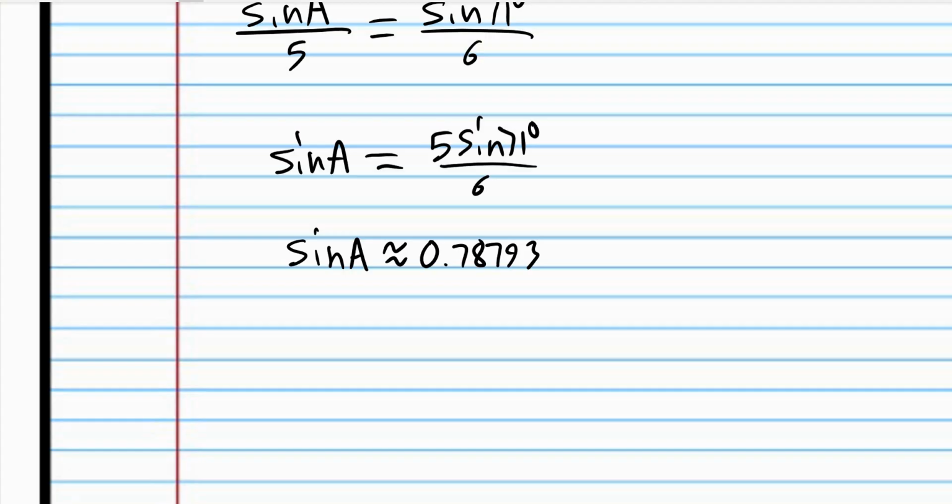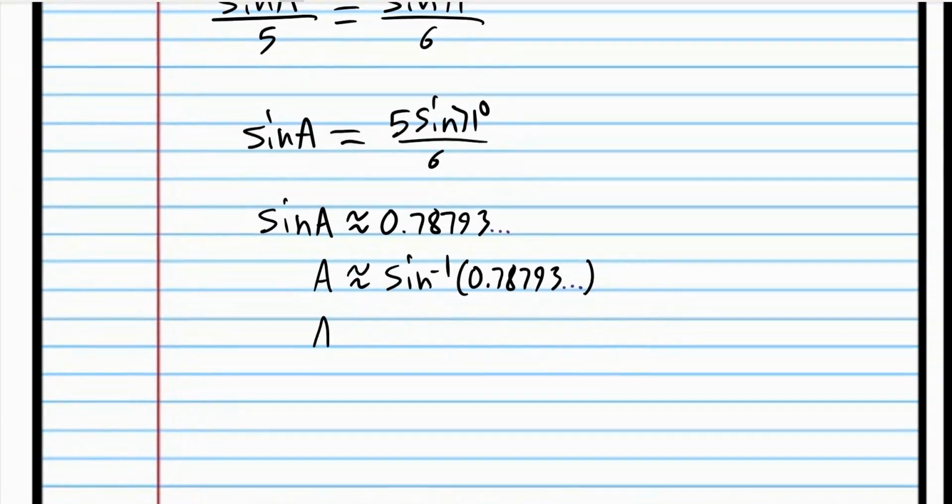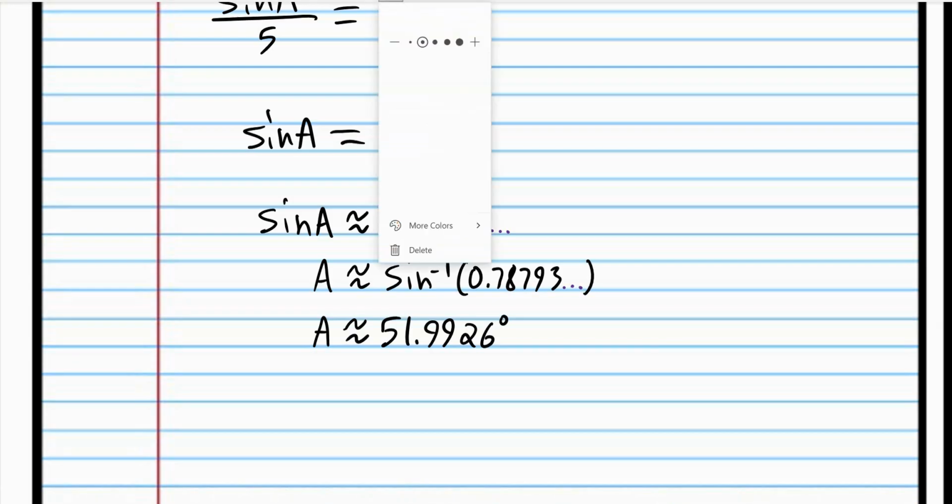And now we need to find the angle, so we need to press this button in the calculator. And we need these numbers to stay in our calculator. And I get A is approximately equal to 51.9927. Actually, I'm not going to round up. We'll just say 51.9926 degrees. Let's keep that in our calculator.